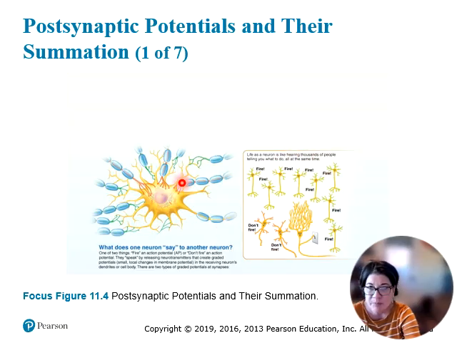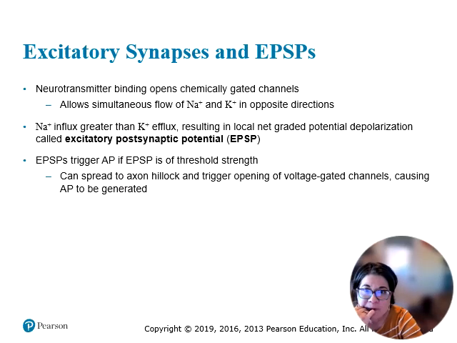So let's say the green ones are saying yes, go, and the red ones are saying no, stop. It's going to add it all together, and then the neuron is going to determine should I conduct a nerve impulse or not. And it has to do with whether it's able to reach that threshold.